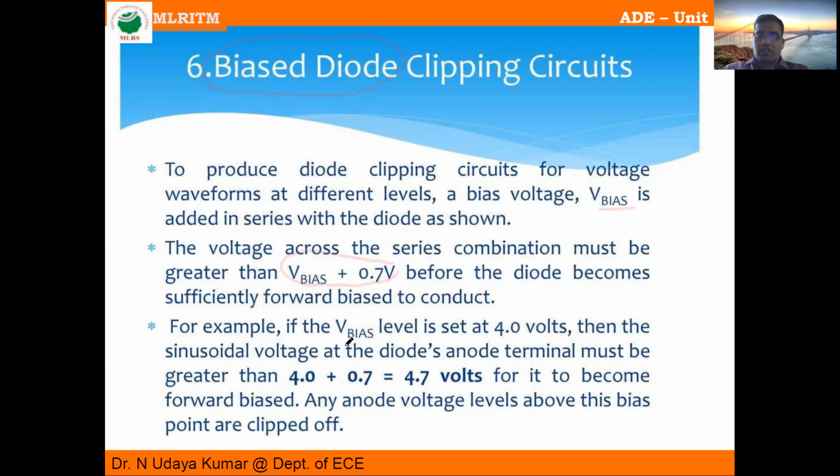Similarly, if the V bias level is set to 4 volts, that is, we connect an extra battery of 4 volts, then the sinusoidal voltage at the diode's anode terminal must be greater than 4 volts plus the diode cut-in voltage, a total of 4.7 volts. Only then does the diode turn on or become forward biased. So any voltage levels above this bias point are clipped off.